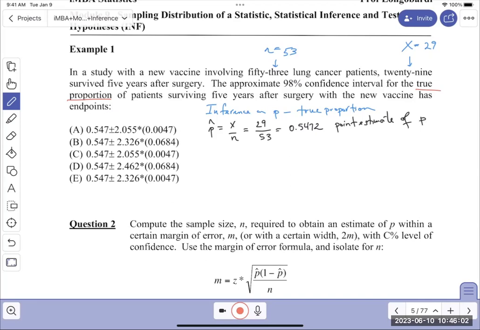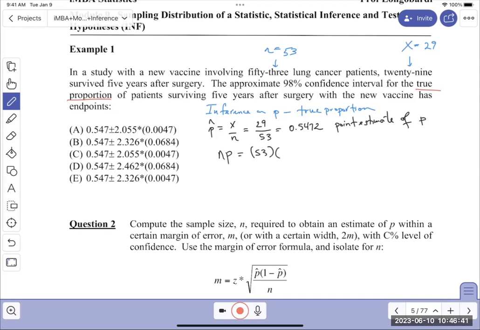And am I happy with that? Am I satisfied? Well, even though we don't have any other numbers here, except for the 98% that we're going to talk about, we don't have any other statistics, but we have our theory. And the theory told us that if n times p, which is equal to 53 times, oh, I don't know p, right?